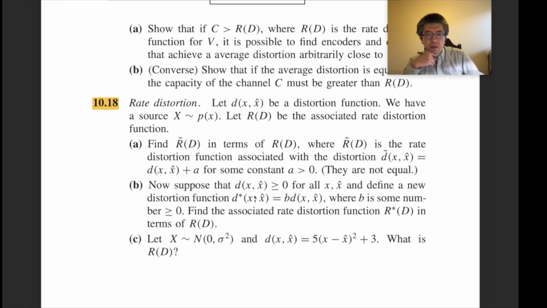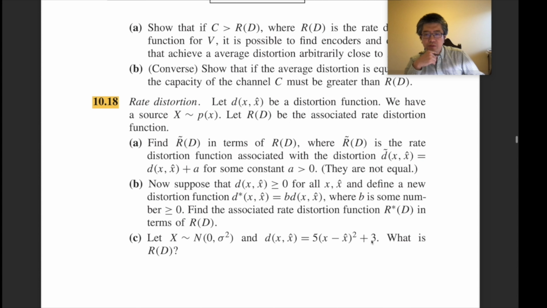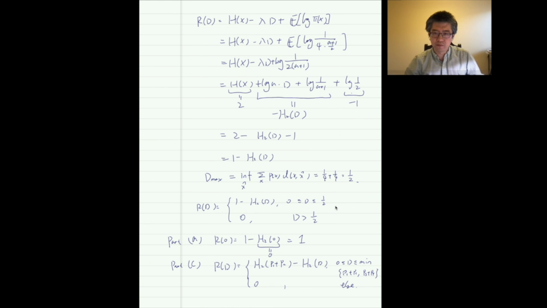And for part B, now we change our distortion to this guy, and the new rate distortion function is R star, and we want to find the relationship between R star and R. Okay, and for part C, you can see now the distortion is a combination of A and B, right? We have a shift and then we have a scaling, right? Then what is R(D)? Okay, so this is question number 10.18.